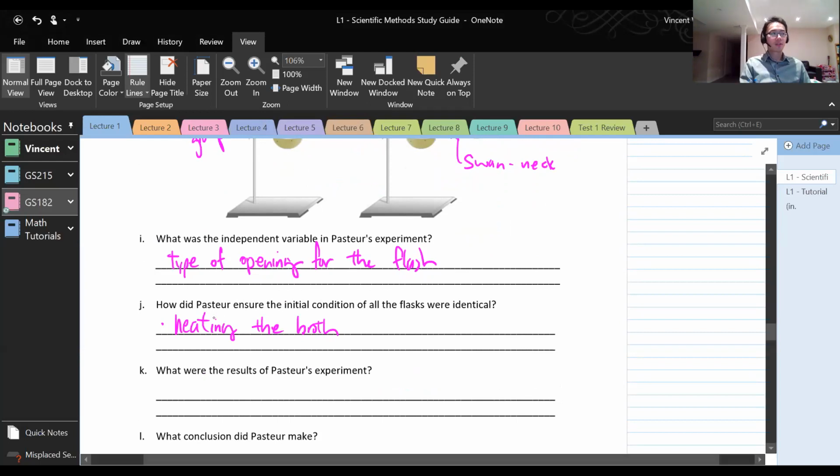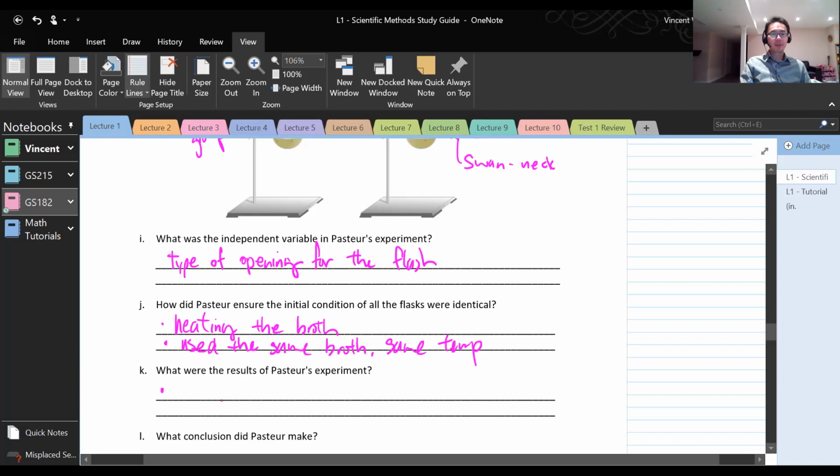Okay, so he killed off everything, and he probably used the same type of broth, right? Same conditions, as in like same temperature. You leave them in the same temperature in the room, so on and so forth. Okay. And what was the result?